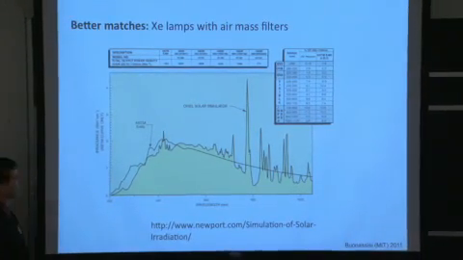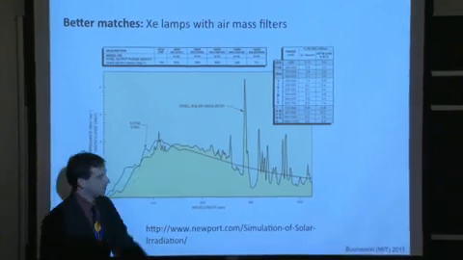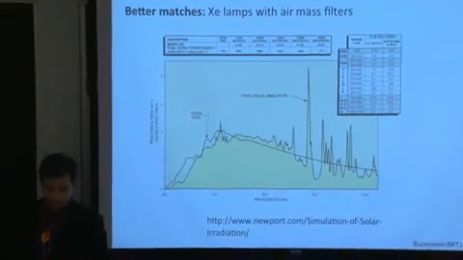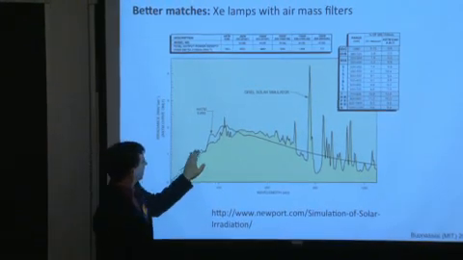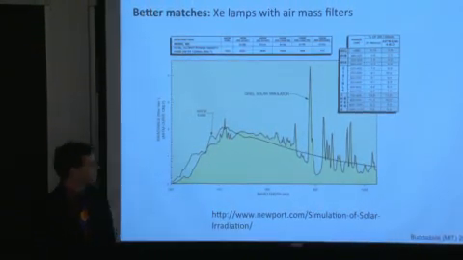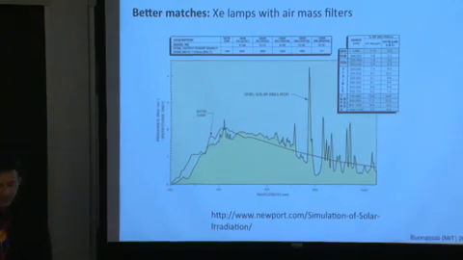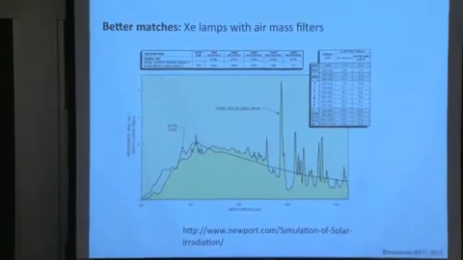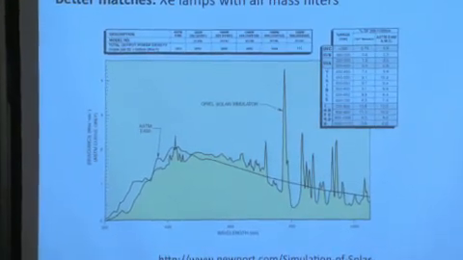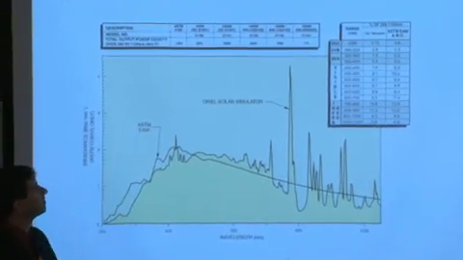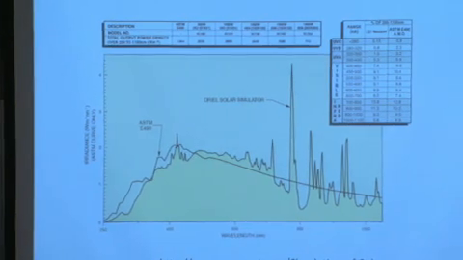The filters are to suppress certain peaks and general portions of the spectrum, so that we have an approximation of our ASTM standard reference spectrum. And you notice that it's not perfect. There are spikes in the output of the xenon arc lamp, as you might expect from the physics involved in the light source.